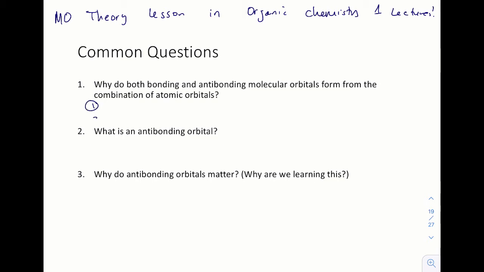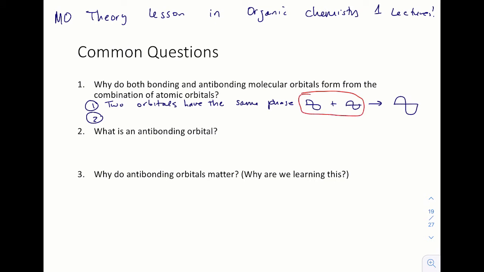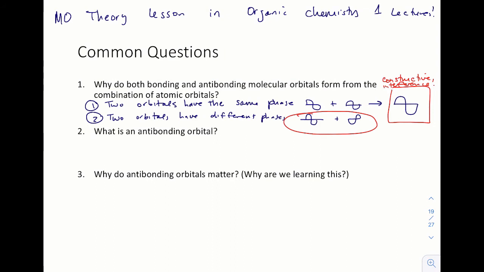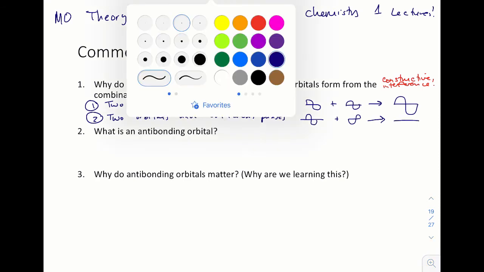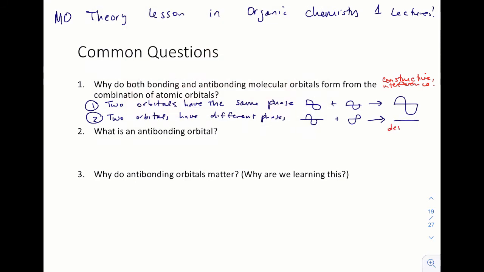So when you combine 2 orbitals, there are 2 possibilities: the 2 orbitals will have the same phase, as represented here, and constructively interfere or overlap, or the two orbitals will have different phases, as represented here. Overlap of those two orbitals in different phases will result in destructive interference, or the two orbitals canceling out. Constructive interference leads to a bonding orbital, and destructive interference will lead to an antibonding orbital.